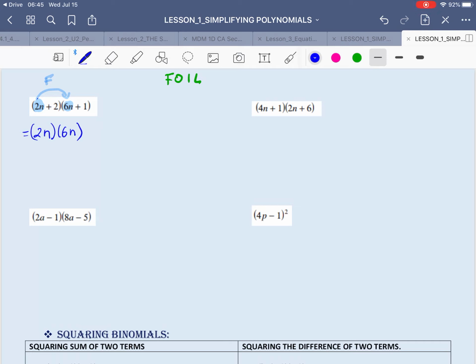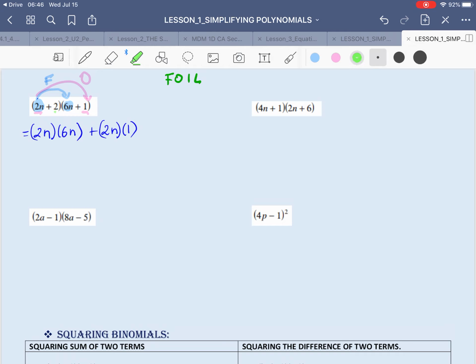And the next thing is multiplying the outside terms. So multiplying the outside terms means multiplying 2n and 1. They are on the sides of this multiplication. That's why we call it outside terms. So that's what letter O stands for. So we have plus 2n times 1. And then we multiply the inside terms.